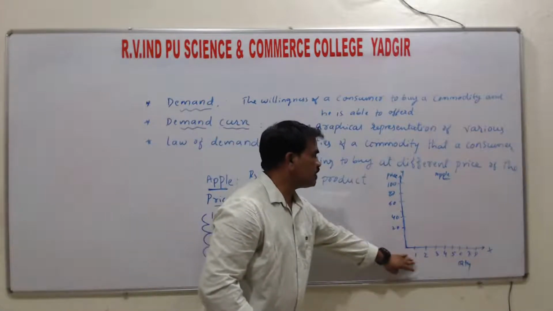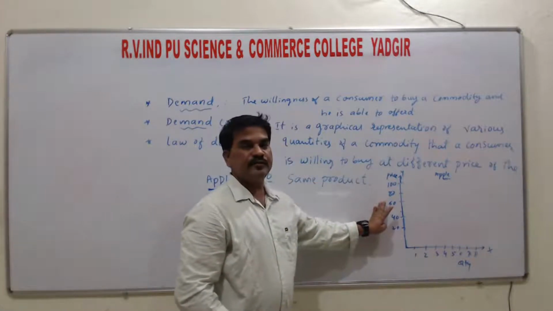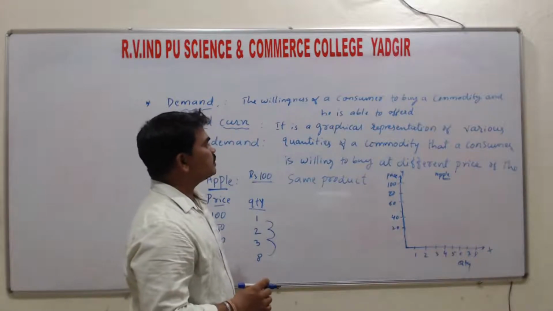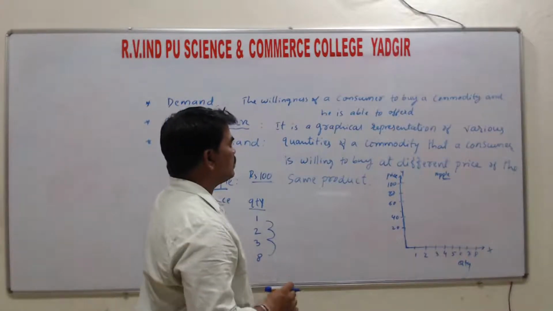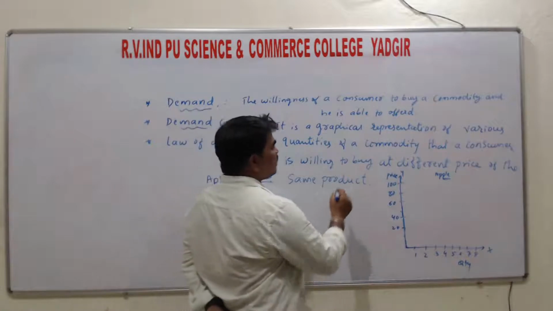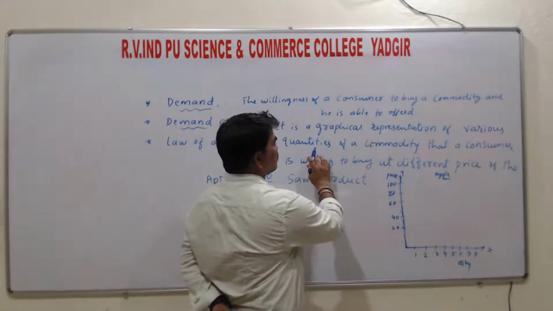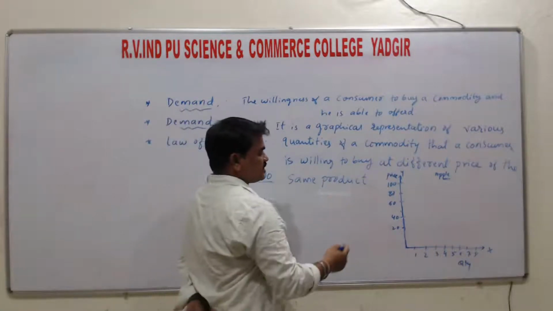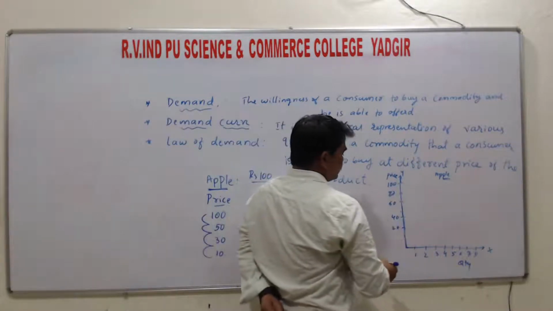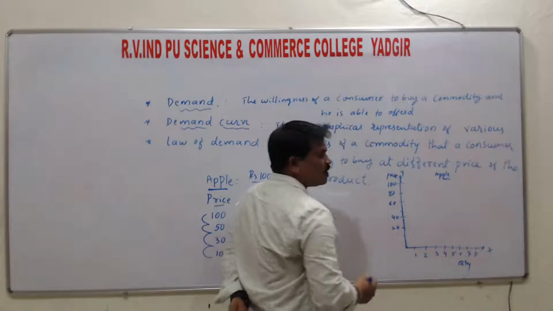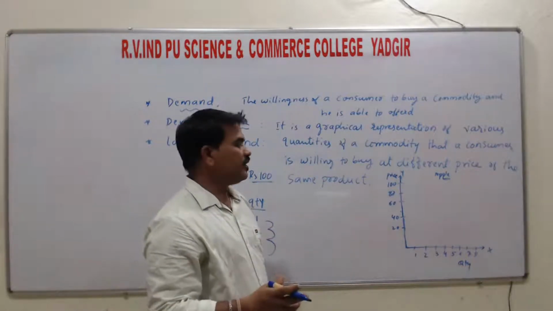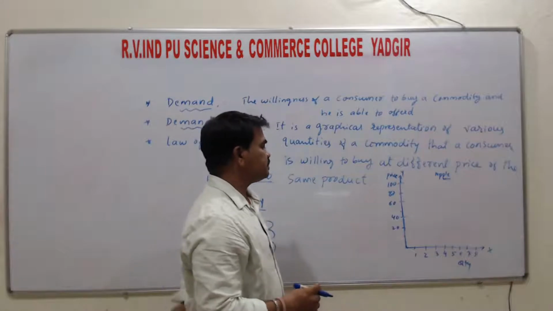So this is quantity of apple, and this is price of the apple. What does the demand curve say? It shows the various quantities of a commodity that a consumer is willing to buy at different prices of the same product. So here we are trying to find out the willingness of the consumer for that particular commodity at different prices.